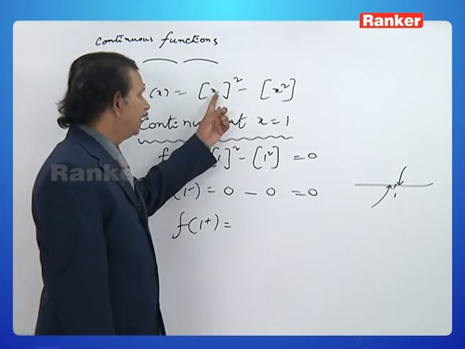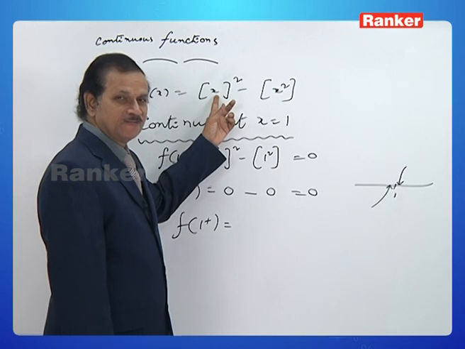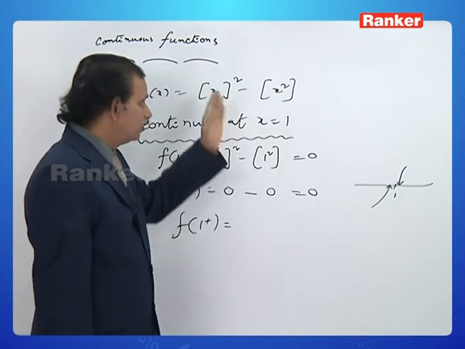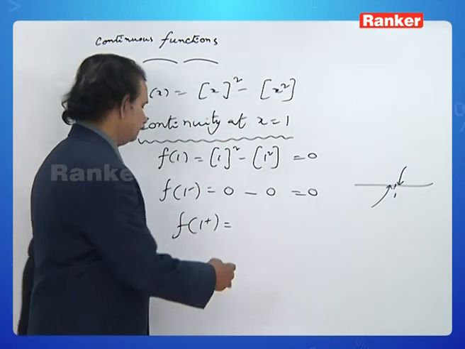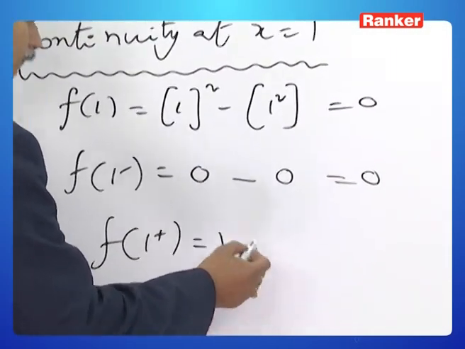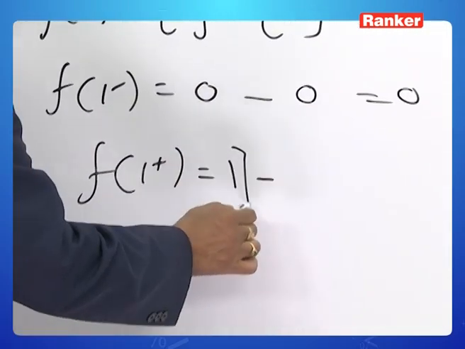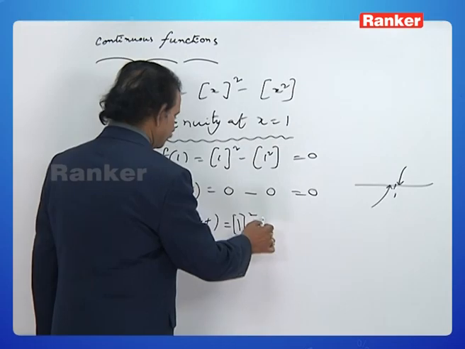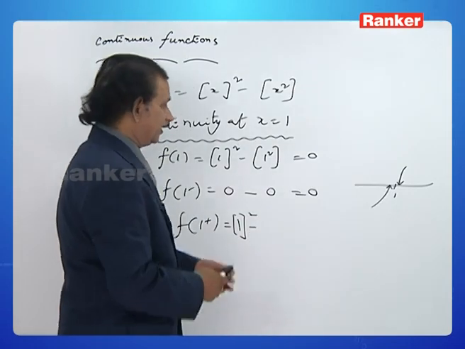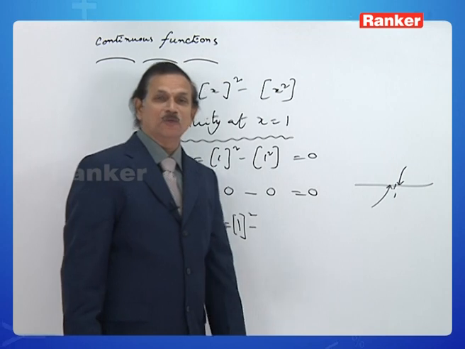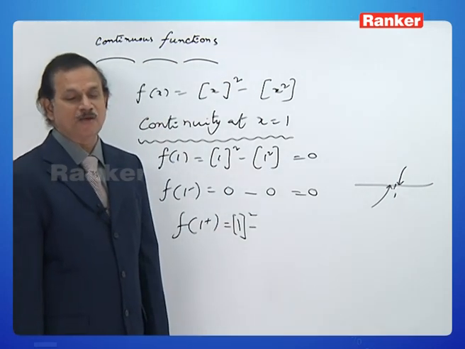Integral part of 1.00001 is 1. 1 square is 1. Minus. You imagine that it is in the form 1 plus h.